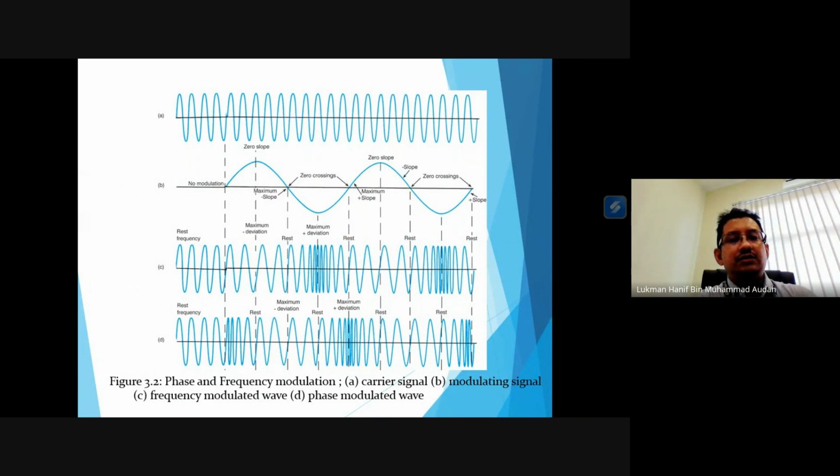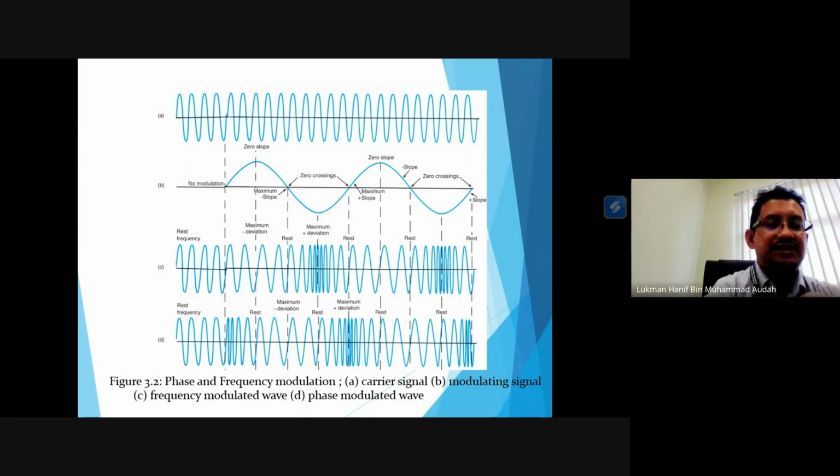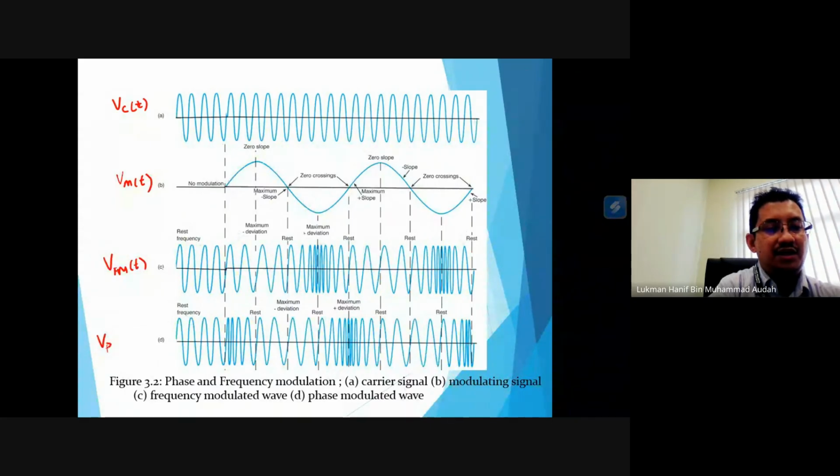These graphs show you the difference during the process. The first picture is VCT, the second picture is VMT, the third picture is VFMT, and the fourth picture is VPMT.